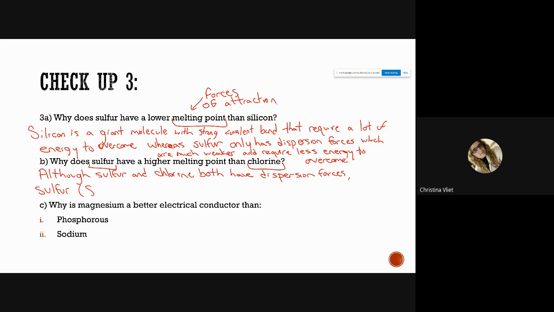And I'm going to write sulfur S8, just to be clear. Sulfur S8 has more electrons than Cl2.